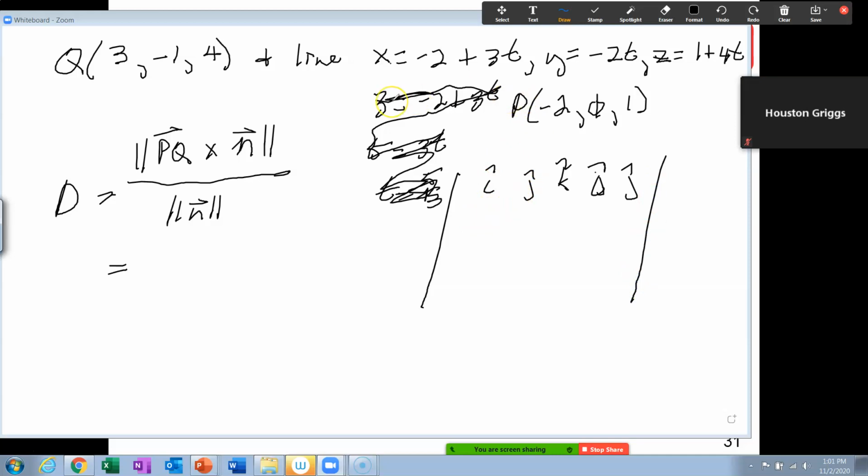Let's do the vector between P and Q. That would be 3 minus -2, which is 5. -1 minus 0 would be -1. 4 minus 1 would be 3. And then repeat the first two, 5, -1.